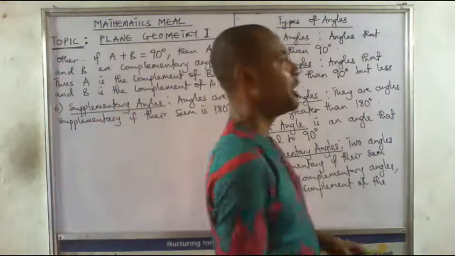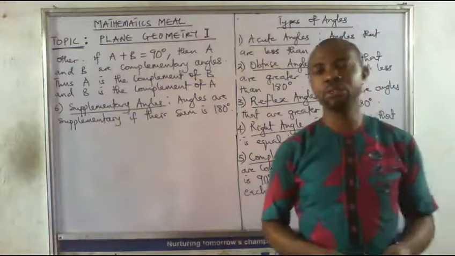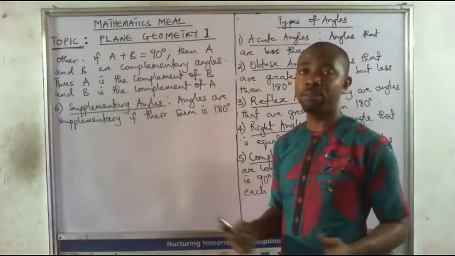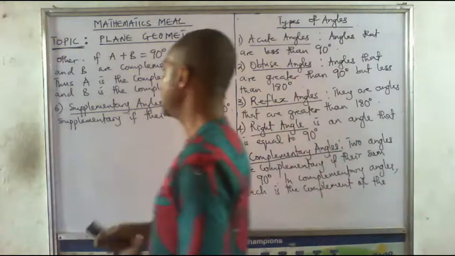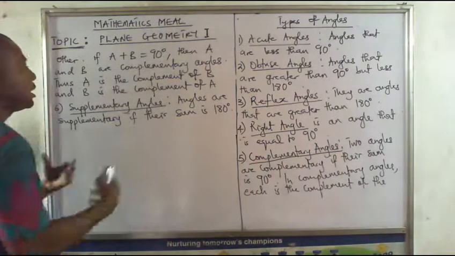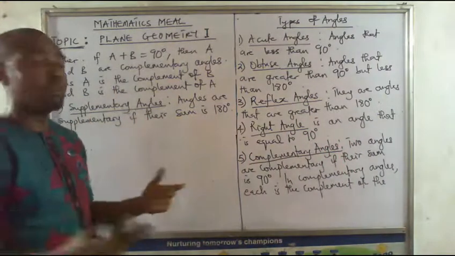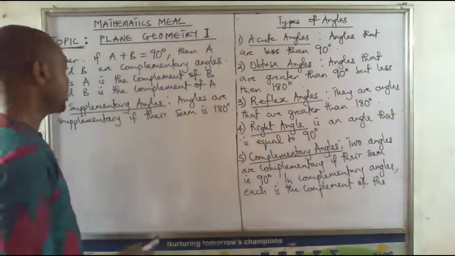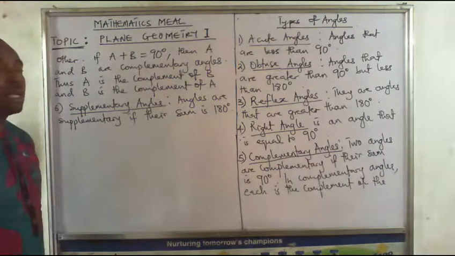By the time we get to circle geometry, one of the theorems in circle geometry, we talk about opposite angles of a cyclic quadrilateral. We say they are supplementary. So when you get to that point, it will not be difficult for you to understand what they mean by opposite angles of a cyclic quadrilateral are supplementary.